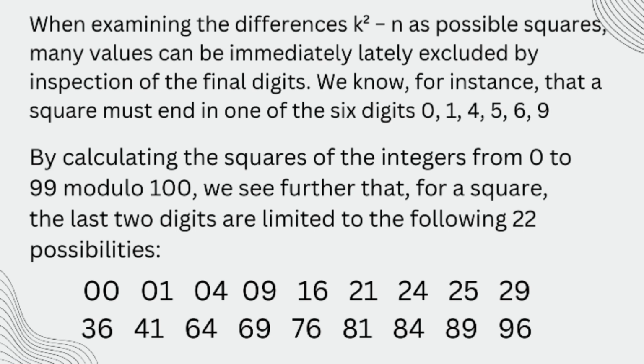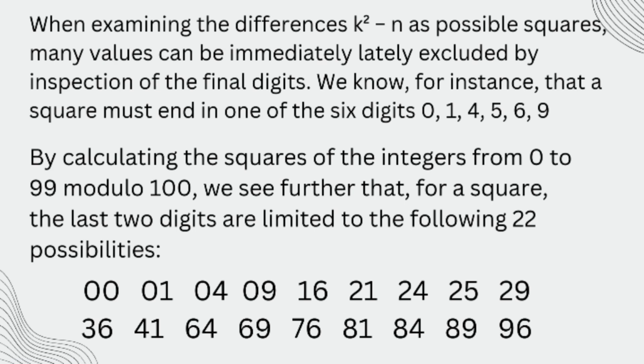So, by calculating the squares of the integers from 0 to 99 modulo 100, we see further that for a square, the last 2 digits are limited to the following 22 possibilities, which are 00, 01, 04, 09, 16, 21, 24, 25, 29, 36, 41, 64, 69, 76, 81, 84, 89, and 96.